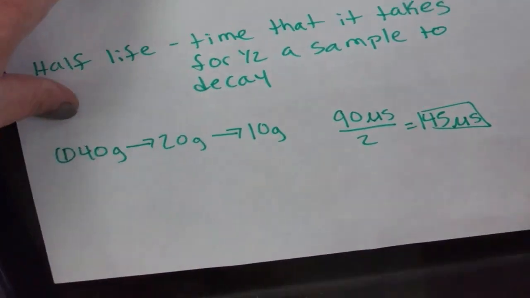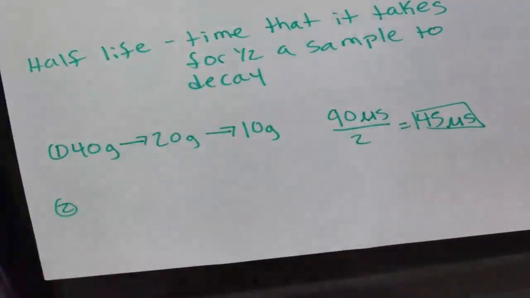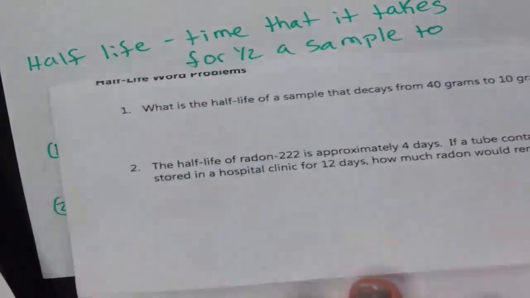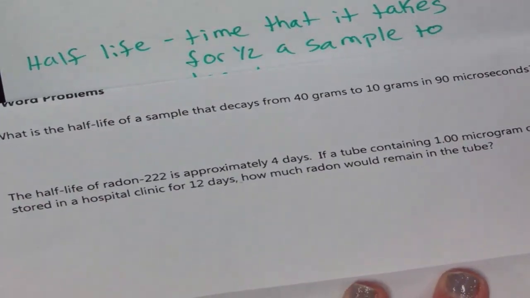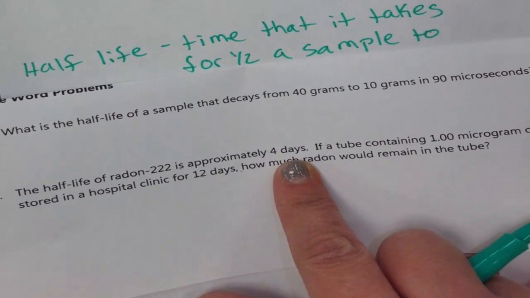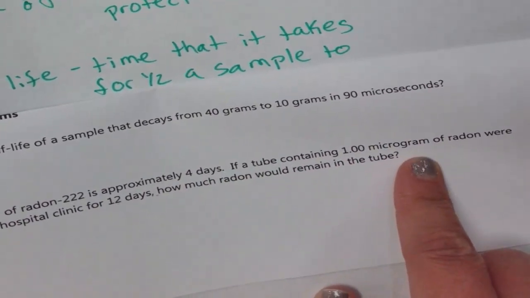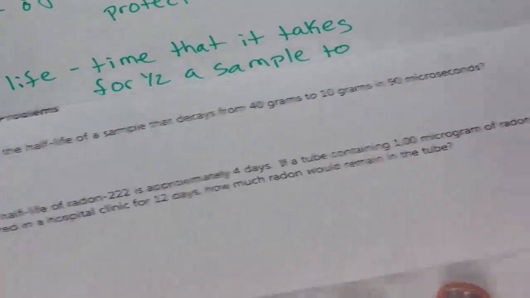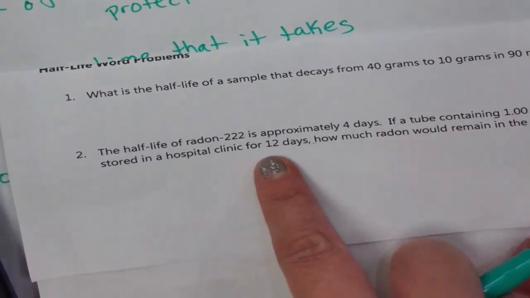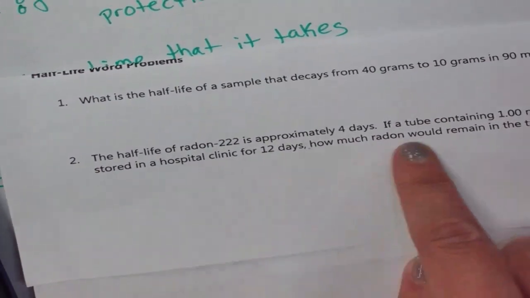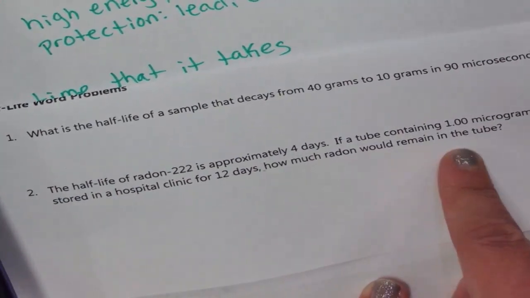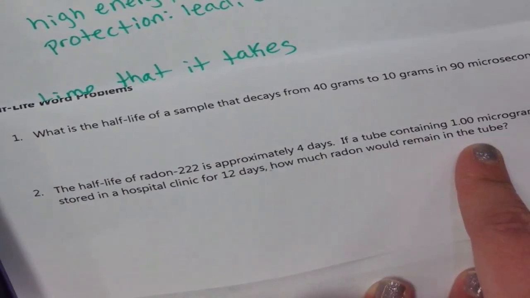Let's try one more. The half-life of radon-222 is approximately 4 days. If a tube containing 1 microgram of radon were stored at a hospital clinic for 12 days, how much radon would remain in the tube?